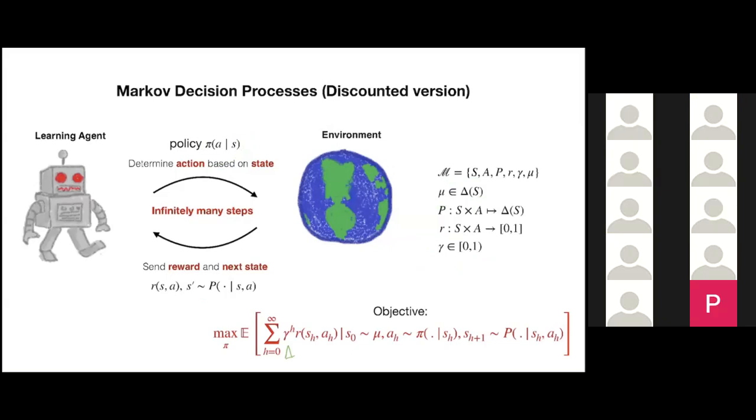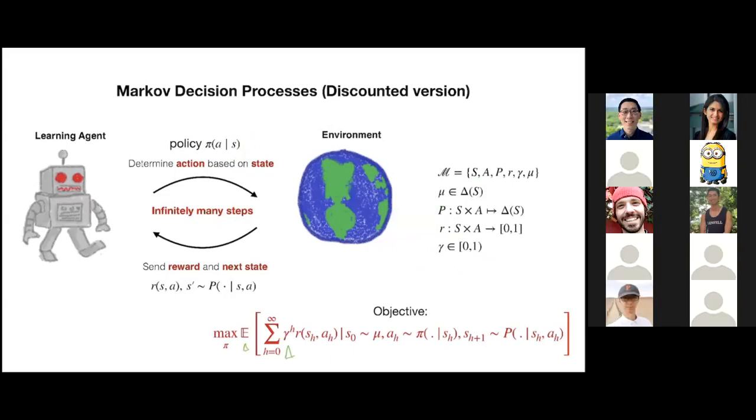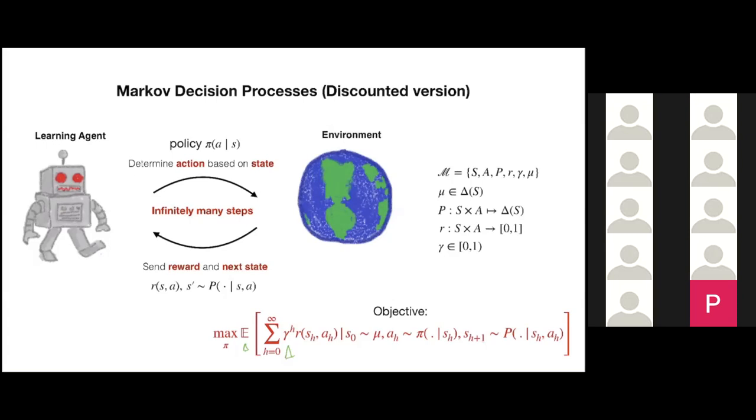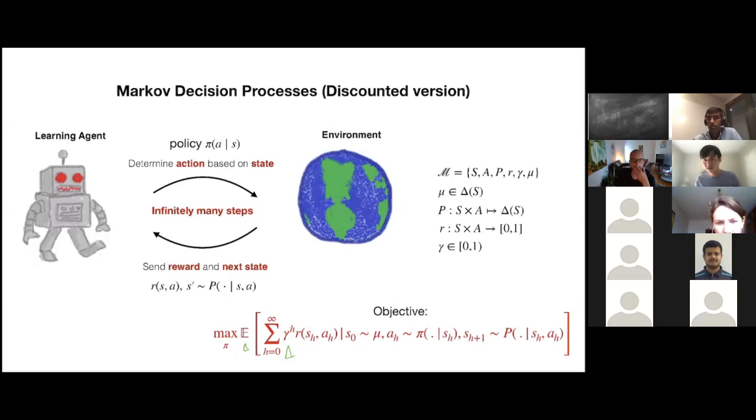This is an expectation with respect to all the randomness from the initial state, the randomness from the policy, and the randomness from the Markovian transition. And our goal is to find a policy that maximizes this objective function.